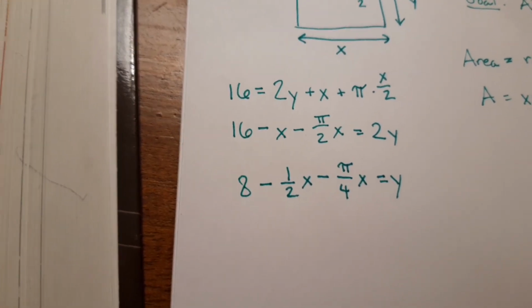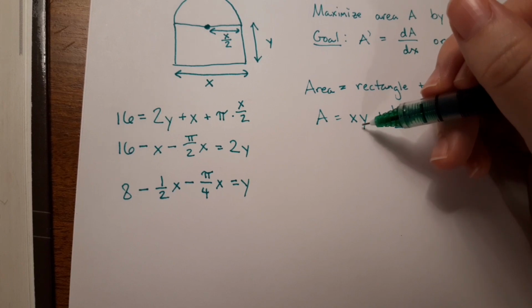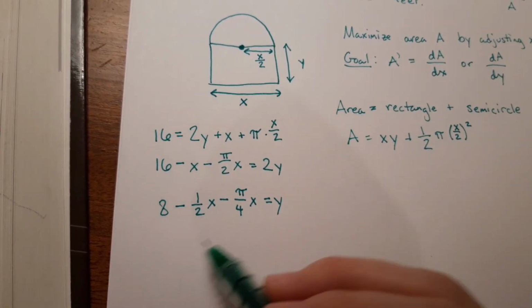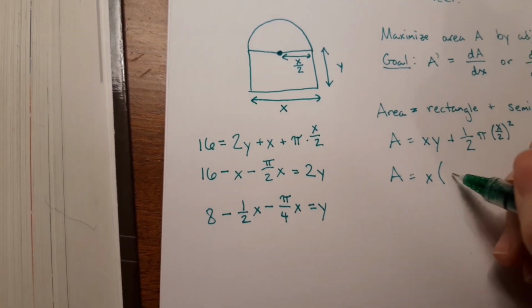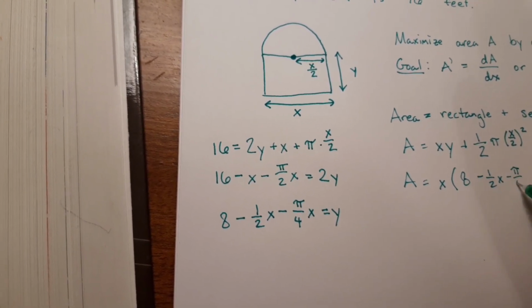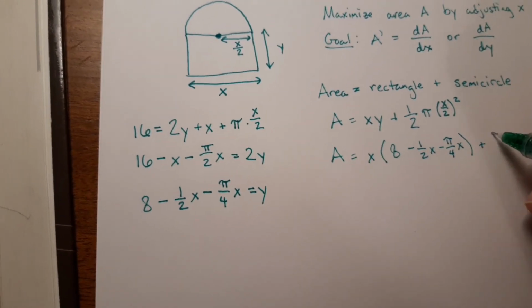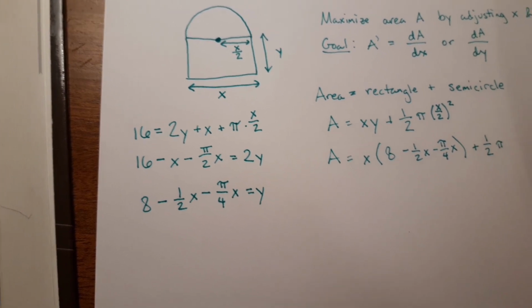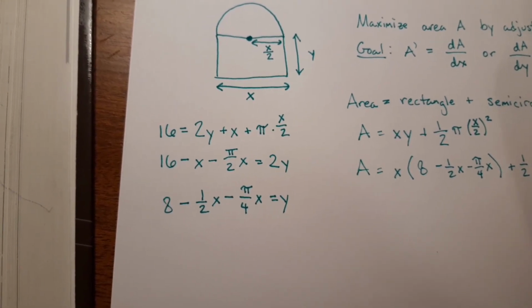And then we go back to our area and replace this y with this function. So we get A is equal to x times (8 minus 1/2 x minus pi over 4 x), plus 1/2 pi times x over 2 squared, which is x squared over 4.